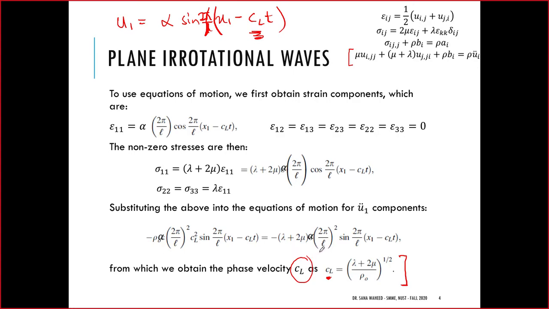Okay. There are more aspects to this particular type of wave. One that we've already talked about, that because it only has displacement in the u1 direction, only in the x1 direction, sorry, and it's traveling in that direction as well, that's why it's known as a longitudinal wave.